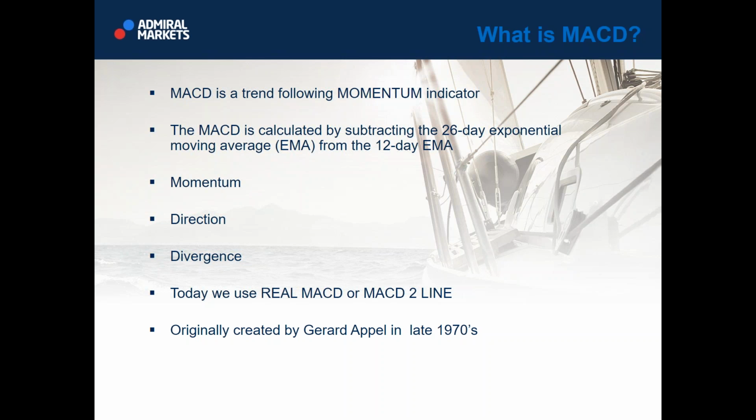Because it's a lagging indicator in its core, MACD can define and capture momentum very easily. It's also notable that MACD is a very good indicator to spot a direction or a trend. And of course, it's great if you want to spot a divergence.